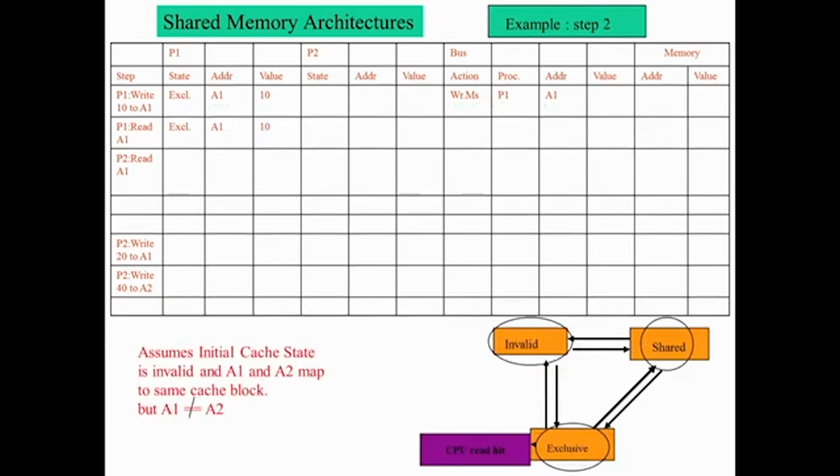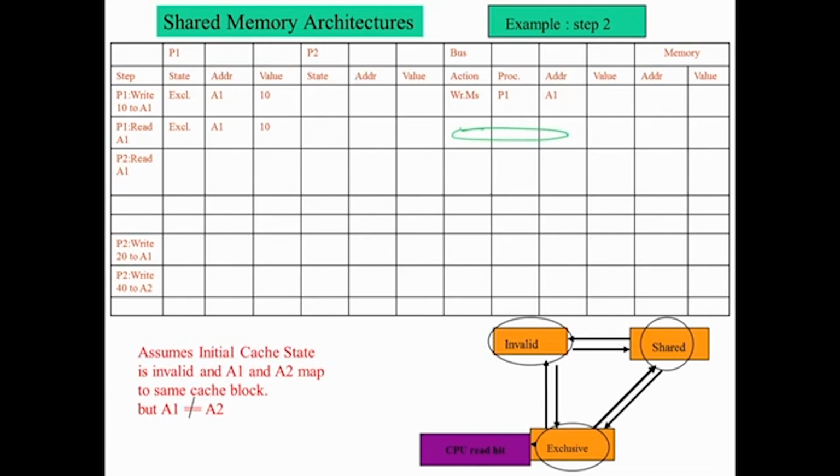Any doubts? Next. Now P1 reads from A1. When P1 reads from A1, it is already in exclusive state. It need not tell anyone, it is reading. It is just a read hit. Nothing happens on the bus. Please note that this is very, very important. Nothing happens on the bus.